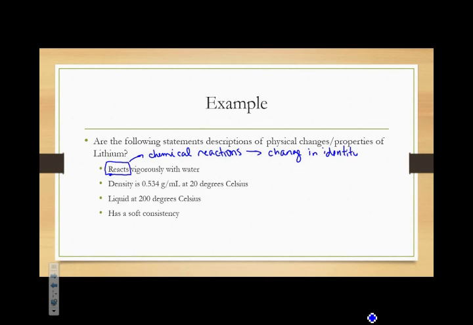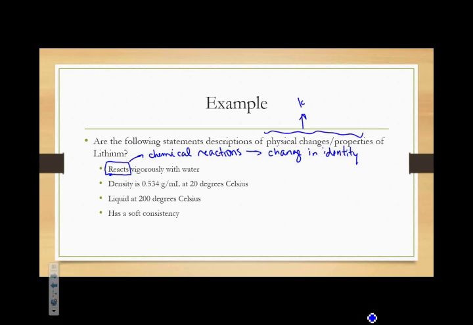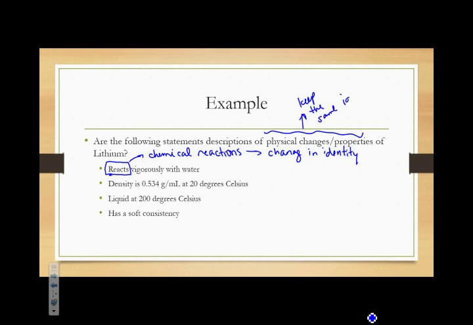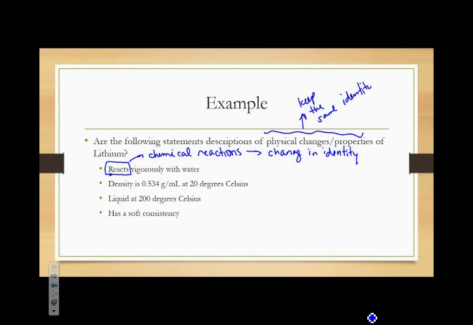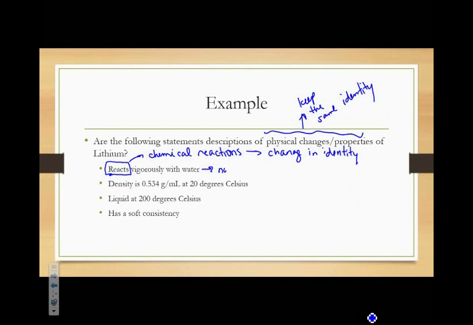We said that with physical changes or properties, we keep the same identity. So if lithium is reacting with water, I'm not going to have lithium when I'm done with this reaction. So this is not an example of a physical property. It is actually an example of a chemical property.